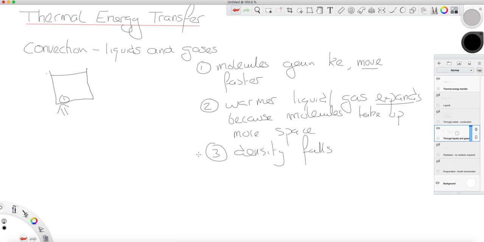So the density falls. Remember, that density is the mass over the volume. The mass hasn't changed, but the volume's got bigger, so the density has fallen. And so the warm liquid or gas rises.